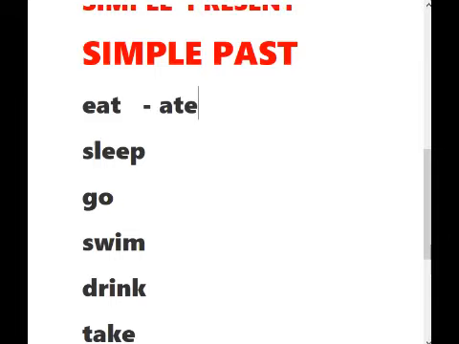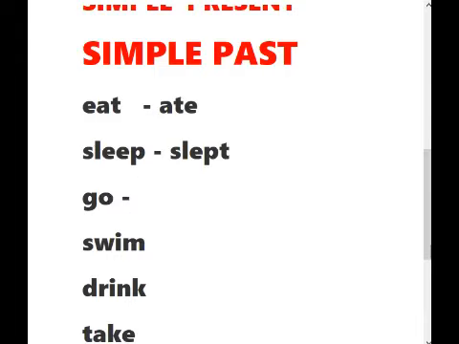I ate yesterday. I eat every day. That's it. Next one. Sleep. I sleep every day. Of course, we sleep every day, right? And the simple past of that would be slept. So the spelling changed. Next, let's move on to go.